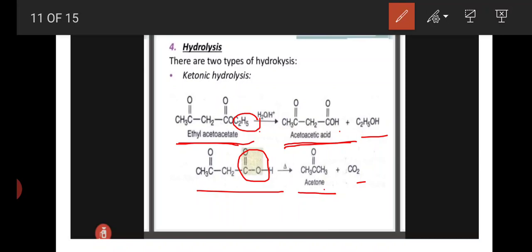On heating of acetoacetic acid, it loses CO2 gas and forms acetone. Acetone is a ketone. So it is called ketonic hydrolysis.